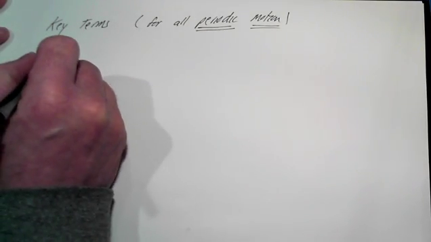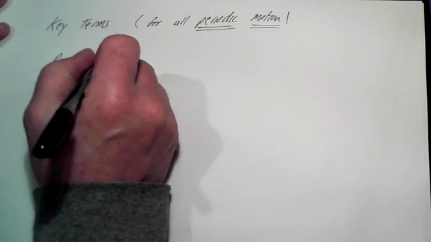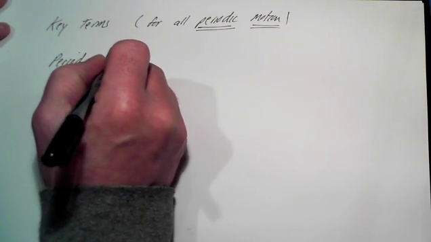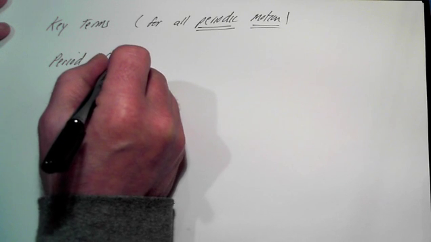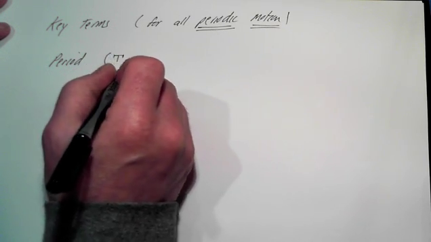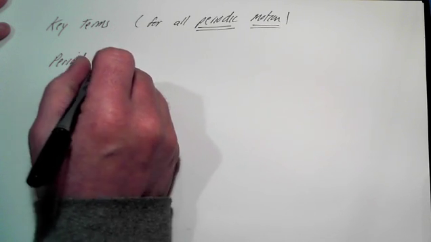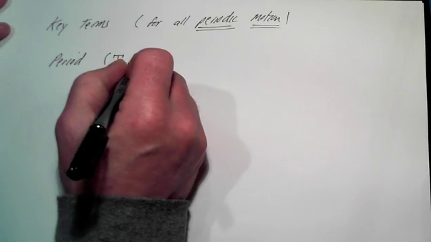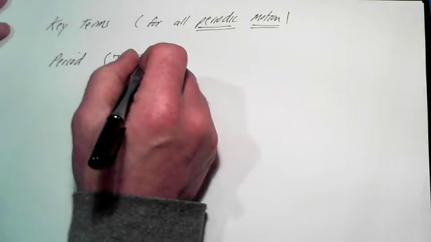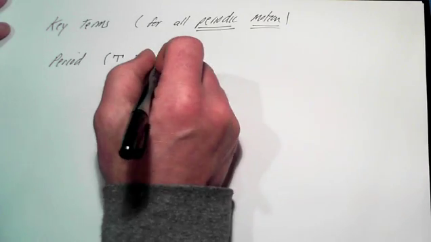Periodic motion must have a period, and we are familiar with this from orbits and circular motion in general. I have been very good this year about using the Greek, I don't know what you call this, it's probably not T in Greek, but anyway, I've been putting these little corners on my T, but generally you often just see it as a capital T. And we know what this is.